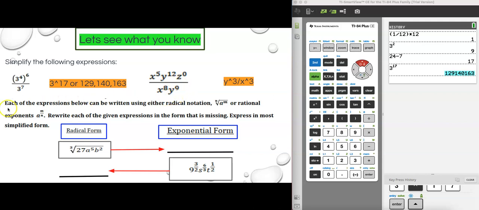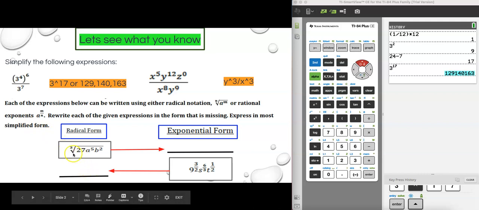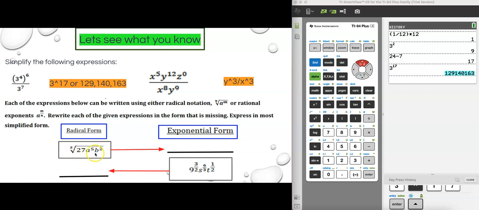So the next part says each of the expressions below can be written in either radical notation or rational exponent notation, and it wants us to rewrite it given the following. First you have the cube root of 27 a to the 5th power, b to the 2nd power. So the 27 a to the 5th, b to the 2nd is all under the radical.